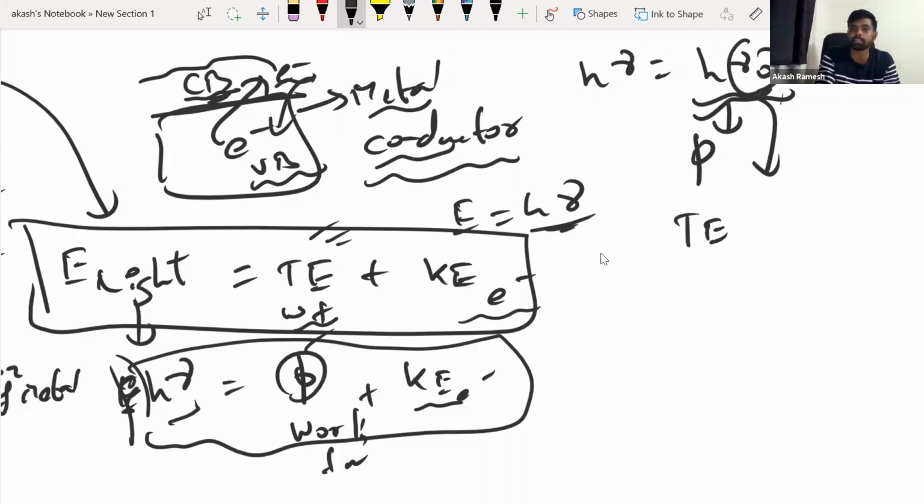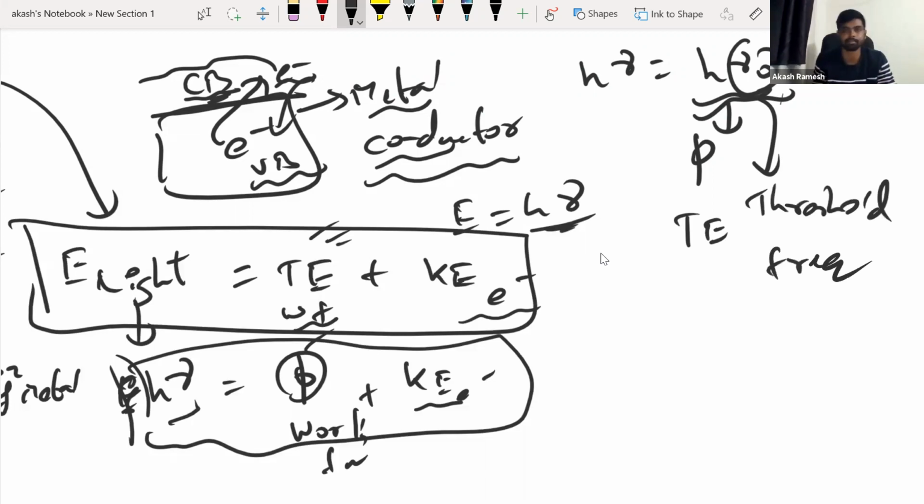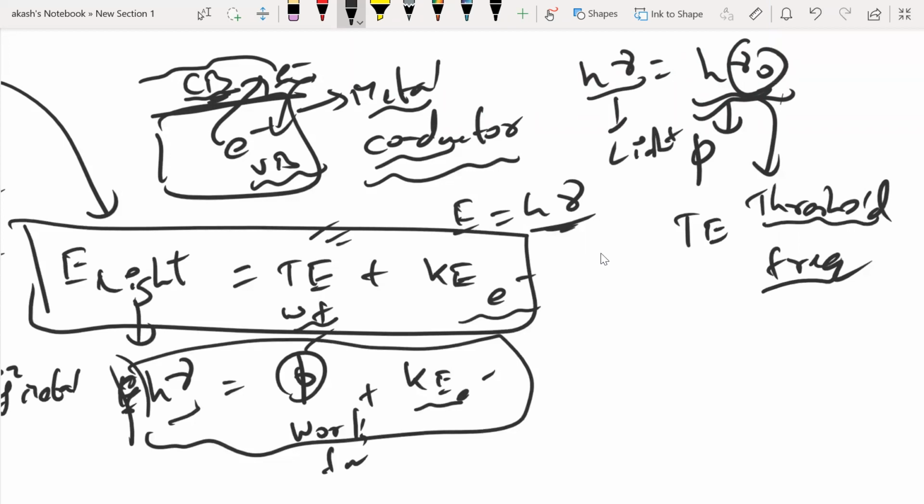I'm going to call it threshold frequency. Okay, so h nu is the energy of light. This is the work function psi. Psi can also be written as h nu again, because that is also energy. Only the frequency will be different, obviously. H is a constant, right? Now this nu naught, which I wrote here, is what is called threshold frequency, because that is the frequency related to threshold energy. Sir, could you repeat, sir?